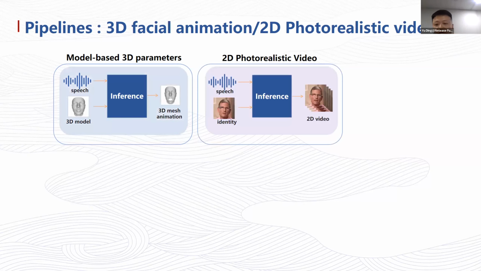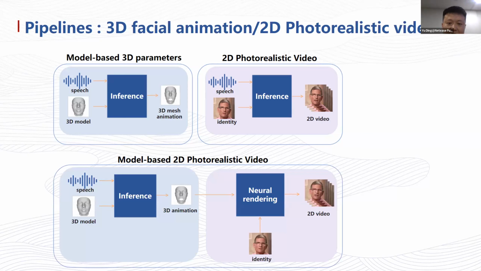And the second group is the straightforward generation of 2D facial videos at the pixel level. The identity is specified from the video clip or a photo image. And the third group is a kind of combination of the first two.